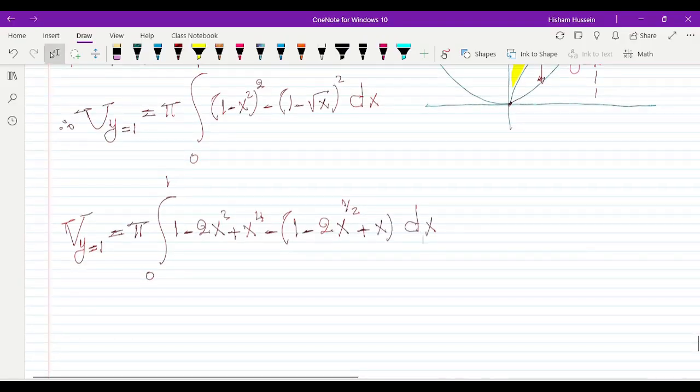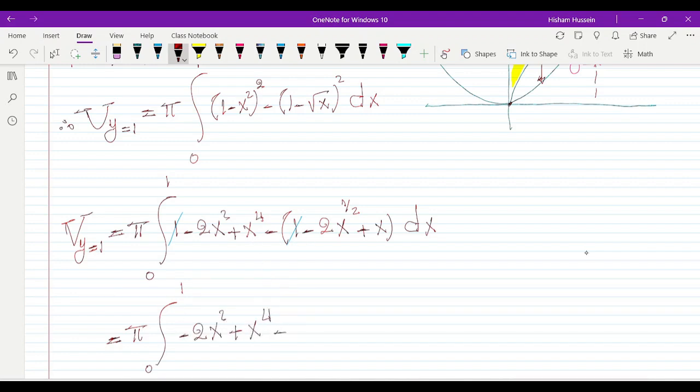Simplify. Here we have 1 minus 1. The resulting integral will be pi times the integration from 0 to 1 of negative 2x squared plus x to the power 4, negative this, positive, 2x to the power half, negative x dx.